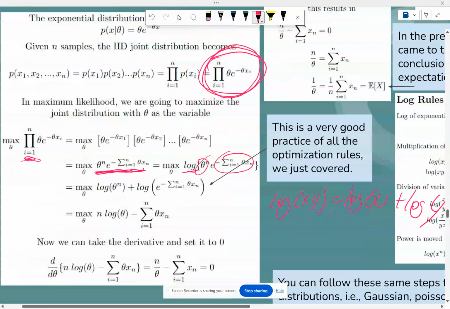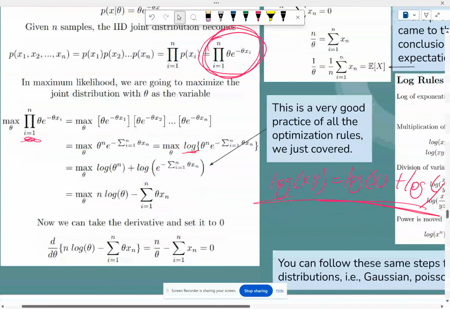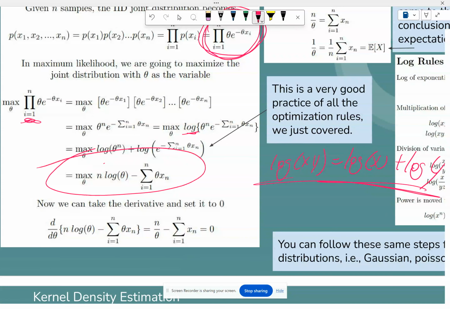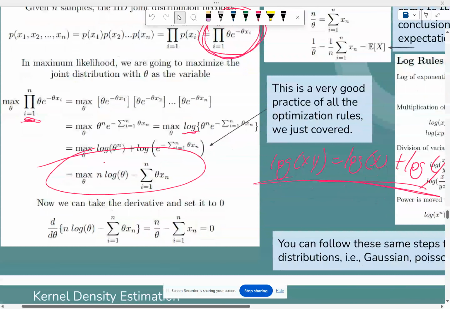So now I have two products and we split them out, just like here. After we split them out, we can move the n to the front. We use that property, and e disappears and we can move that to the front. Therefore, this is the result we have. This right here is a simplified version of the log likelihood.